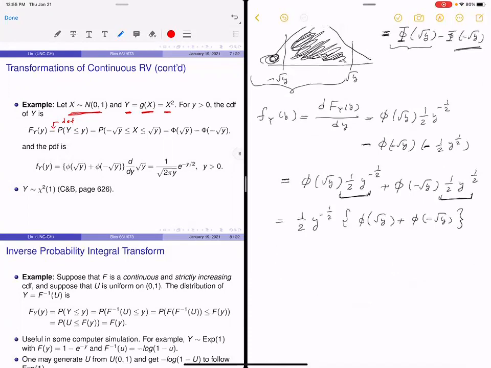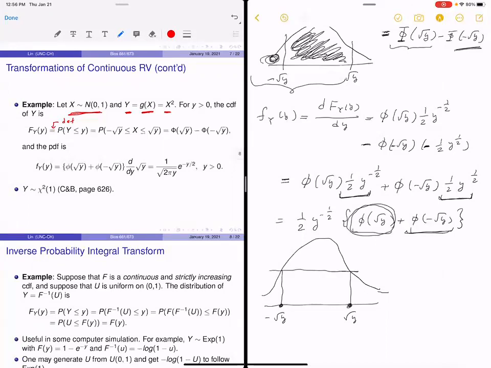Could I simplify even more? The answer is also yes. How about these two quantities? If I have a normal 0, 1 curve, yeah, it's an ugly normal 0, 1, sorry about that. I have minus square root y here, and square root y there. Where is little phi of square root y?